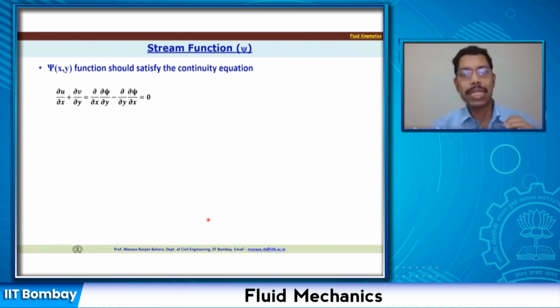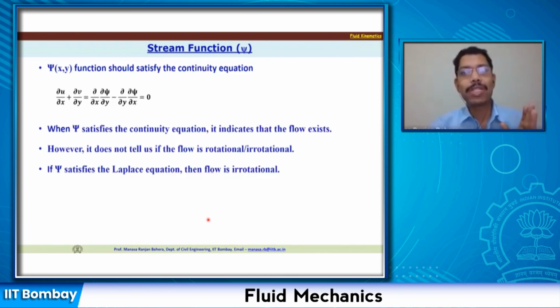What are those properties? When psi function satisfies the continuity equation, it indicates that flow exists. If I want to find out whether the flow exists or not, then I have to check whether my psi function is satisfying the continuity equation or not. So psi function exists when it satisfies the continuity equation.